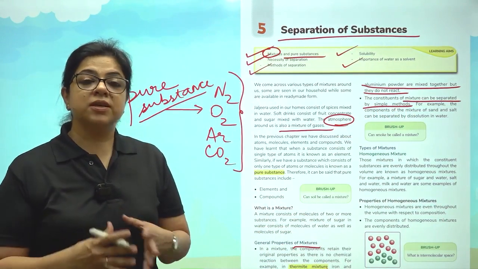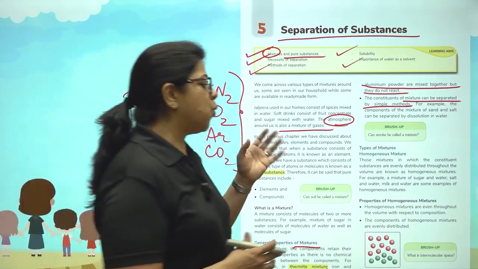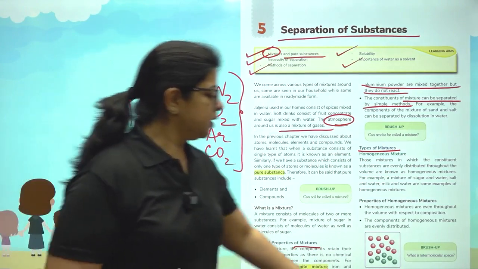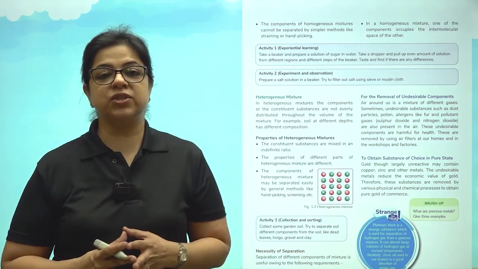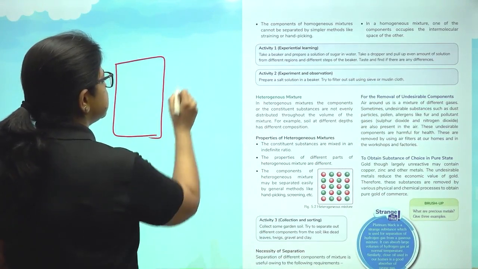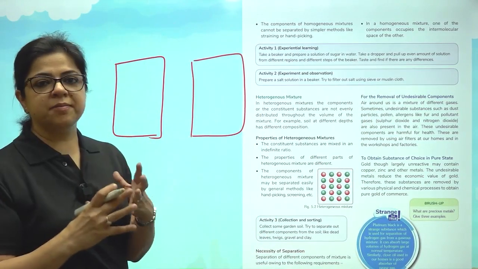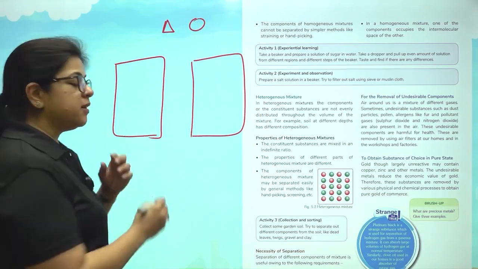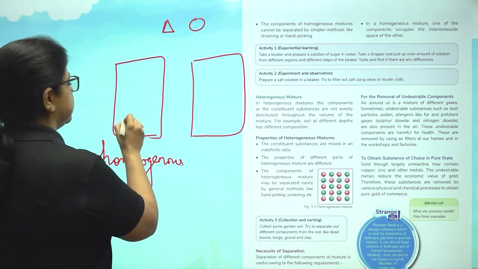Now, to be able to distinguish and separate the components of a mixture, we need to understand what the types of mixtures are. Children, there are two types of mixtures. There are heterogeneous mixtures and there are homogeneous mixtures. Now, for example, if I were to create a mixture of say two shapes, a triangle and a circle, in a homogeneous mixture, what will happen?